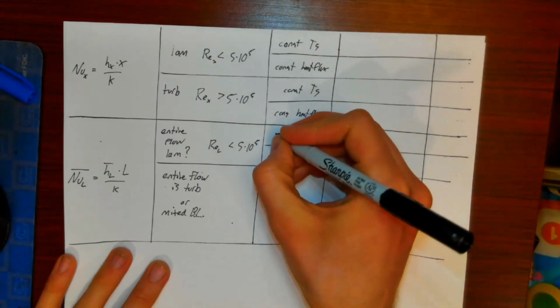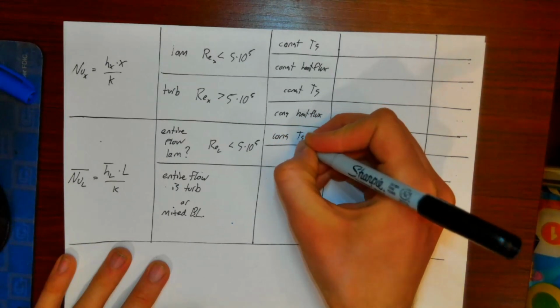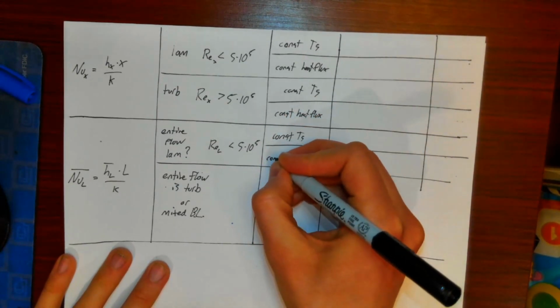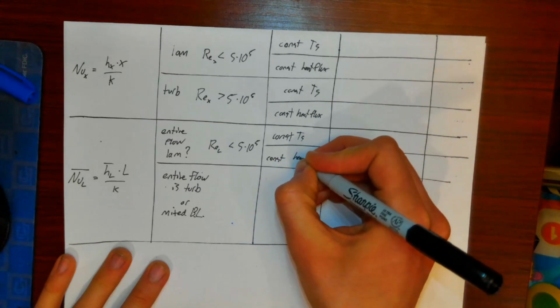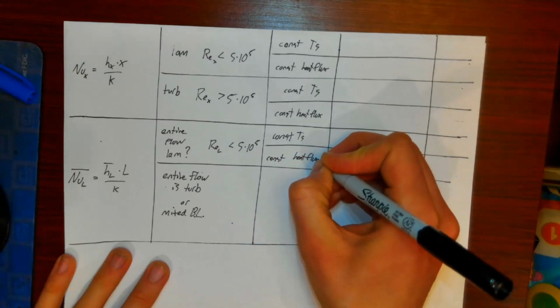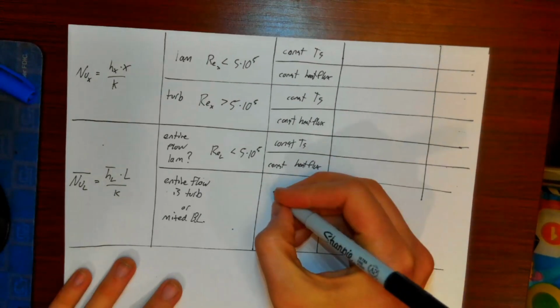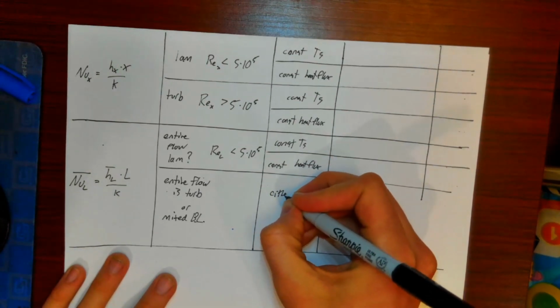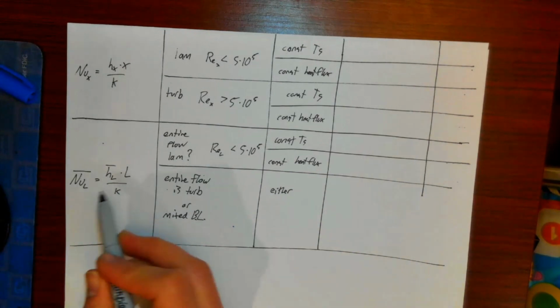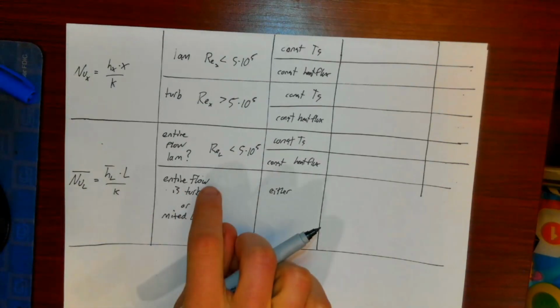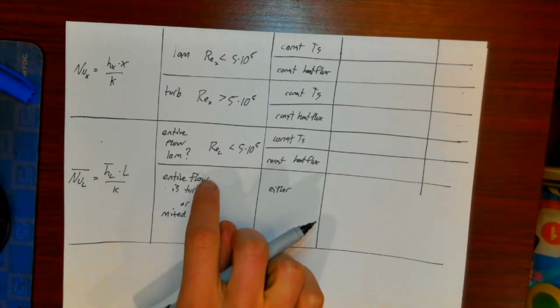For here, we'll have a constant surface temperature, and here a constant heat flux. And then for this one, it doesn't matter. Either is fine. You can use the same Nusselt number correlation for either case in this final condition where we have some mixed or fully turbulent.